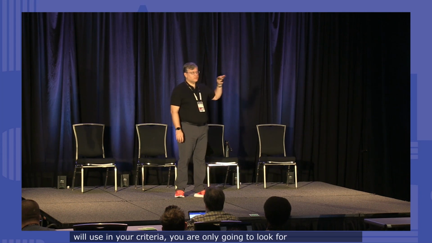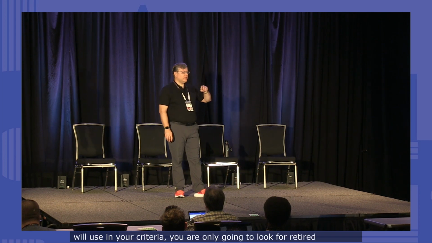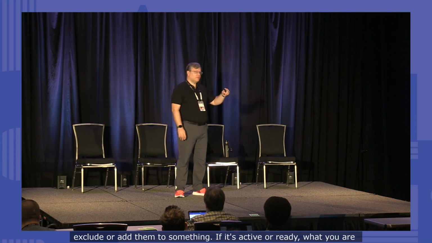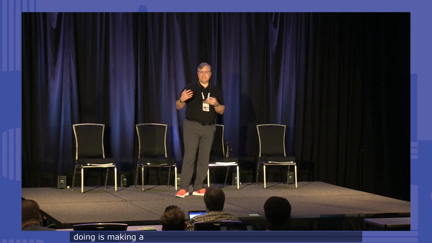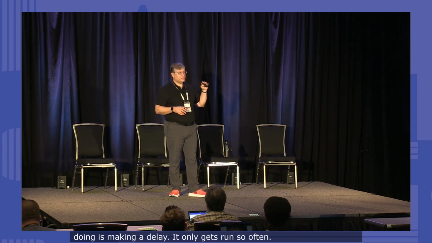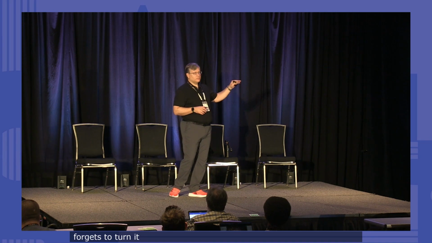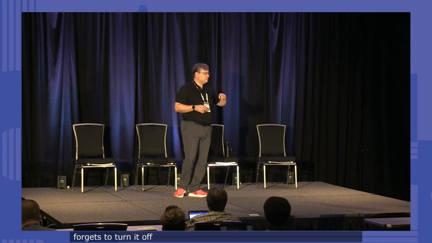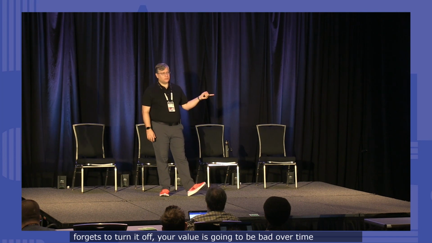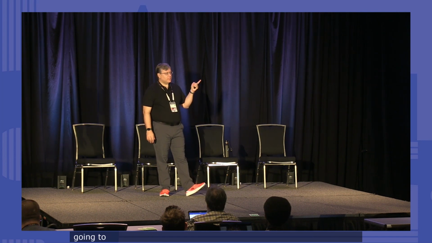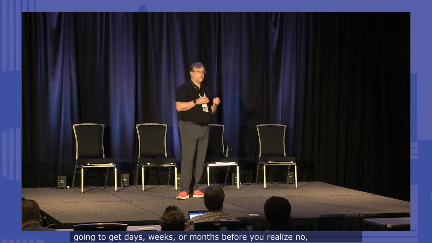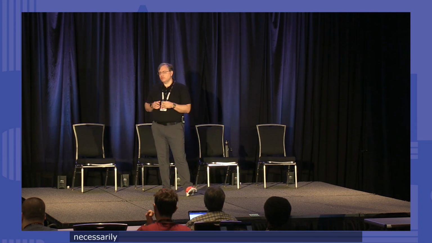If it's active, it's ready, then what you're doing is making a delay, because that only gets run so often, or if somebody forgets to turn it off, then your value is going to be bad over time. You're going to get days or weeks or months before you realize that's not actually true. So again, you're looking to make good targets for your smart groups and searches.